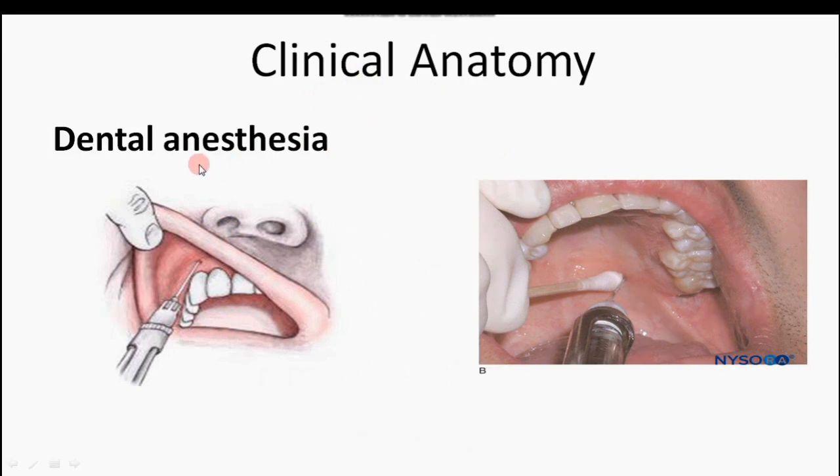Another clinical anatomy is dental anesthesia. You have seen the maxillary artery, especially the third part, and how all the branches run. When any surgeon is giving anesthesia, this anesthesia is for the infraorbital nerve block. You have to take the needle.